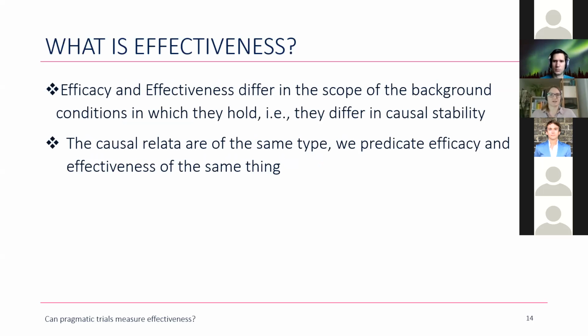So for me, the main point of the conceptual perspective is that efficacy and effectiveness differ in the scope of the background conditions in which they hold, or if you prefer, they differ in causal stability. And the causal relata within these causal statements are of the same type. So we predicate efficacy and effectiveness of the same thing.